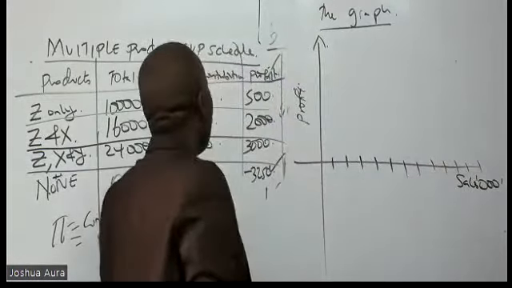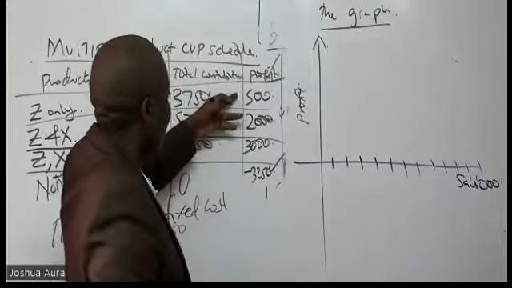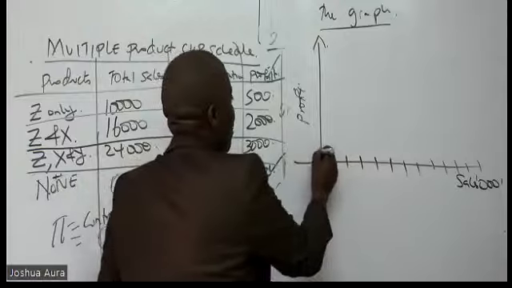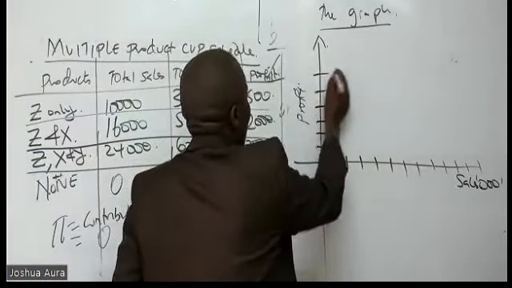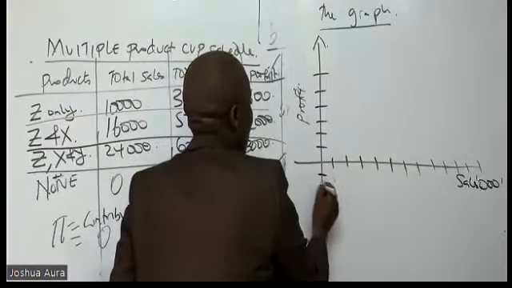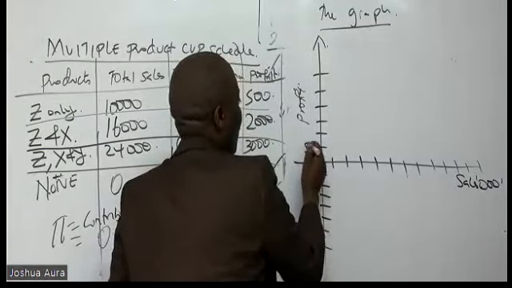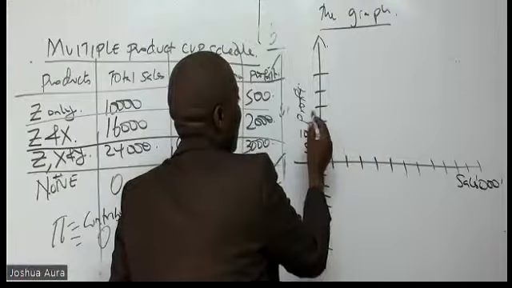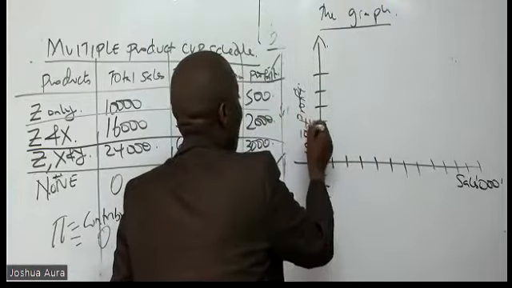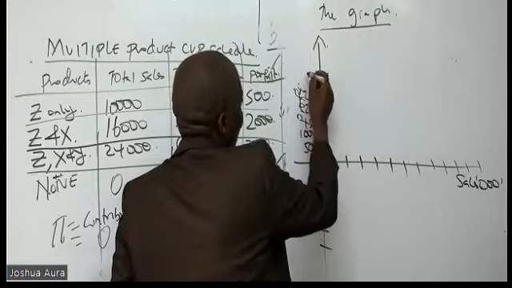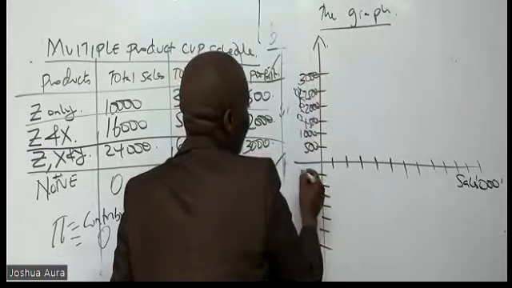Right, and then I have the profit. I can see 500, 3,000 positive, 500 will do. So 1, 2, 3, 4, 5, 6 to go to 3,000. I have to add another one there. So 500, 1,000. We have 1,500, 2,000, 2,500, 3,000.